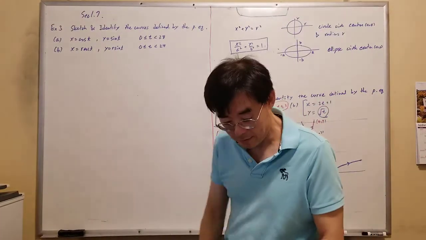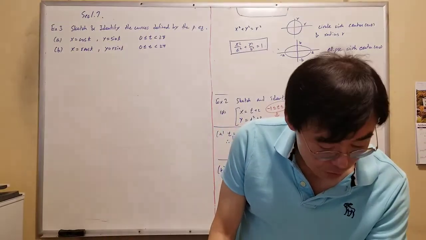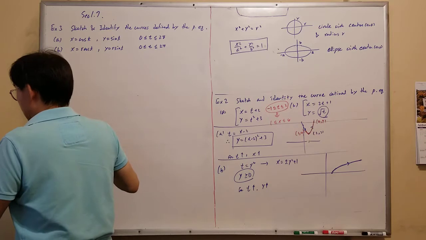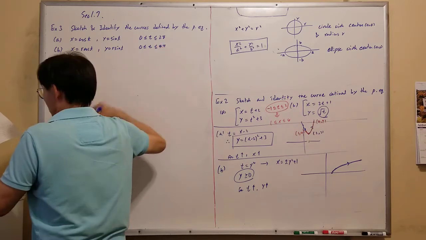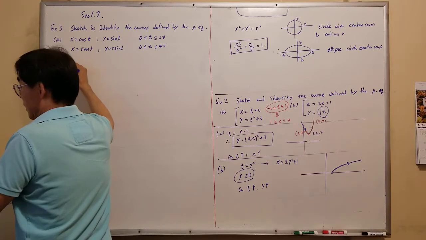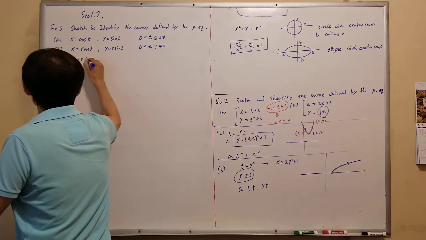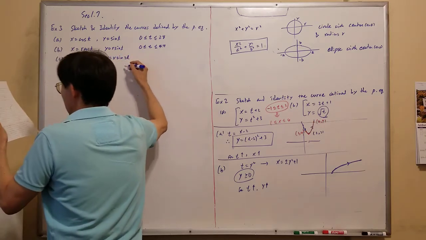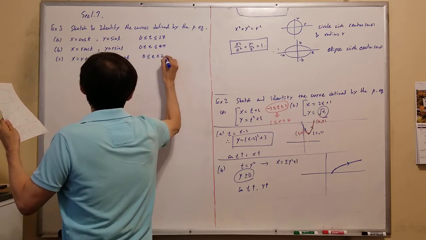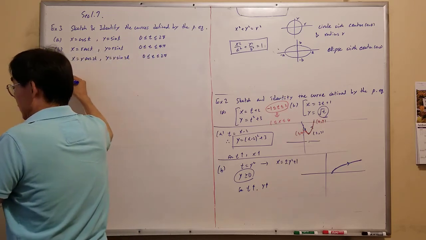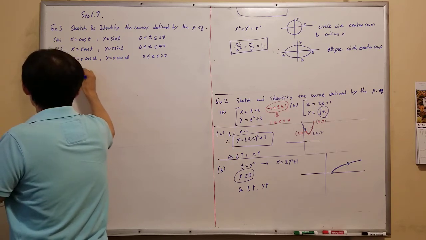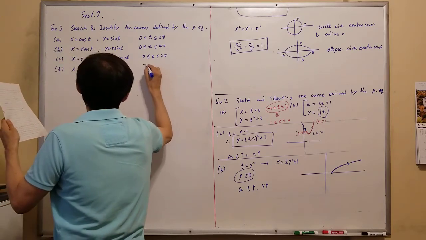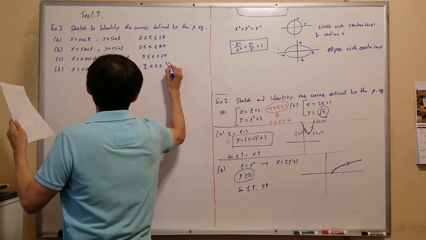Now, let me check. Yeah, let's include this point again, 4 pi. This time 4 pi. C, x equals r cosine of 2t, y equals r sine of 2t, 2 pi. D, x equals r cosine t, y equals r sine t, pi over 2 to 3 pi over 2.